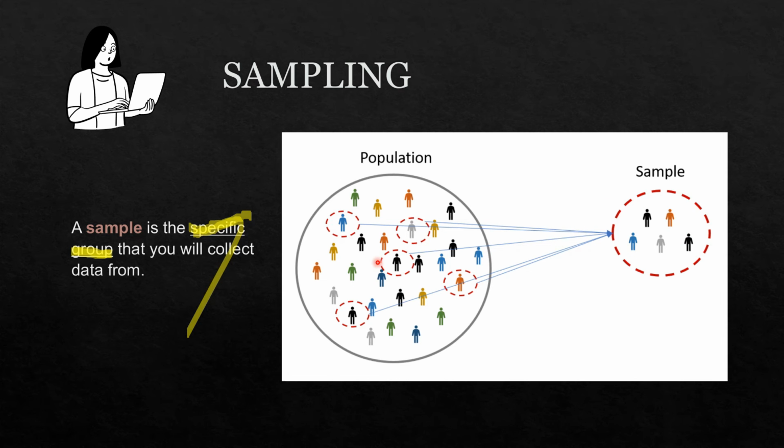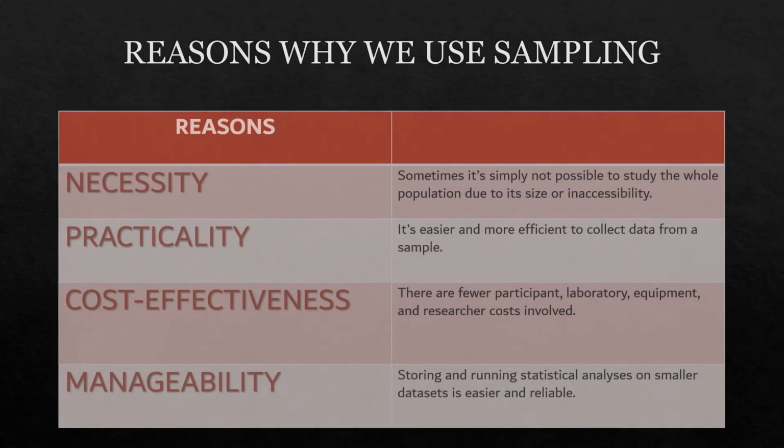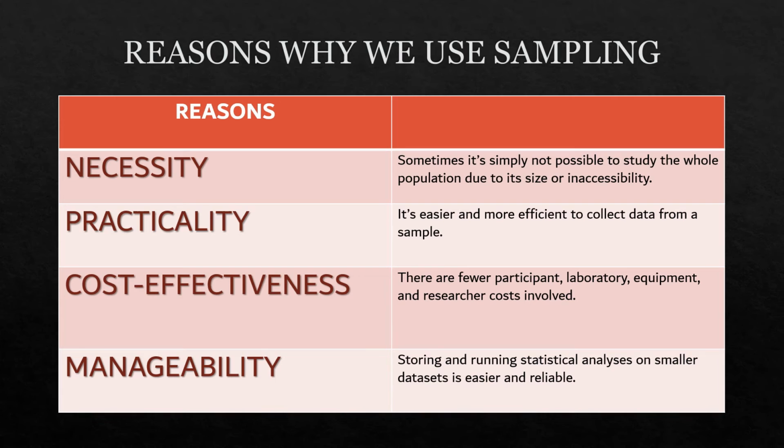So that is sampling. Here are some reasons why we use sampling. First is necessity. Sometimes it's simply not possible to study the whole population due to its size or inaccessibility. Of course, we couldn't use the entire population in doing some research.